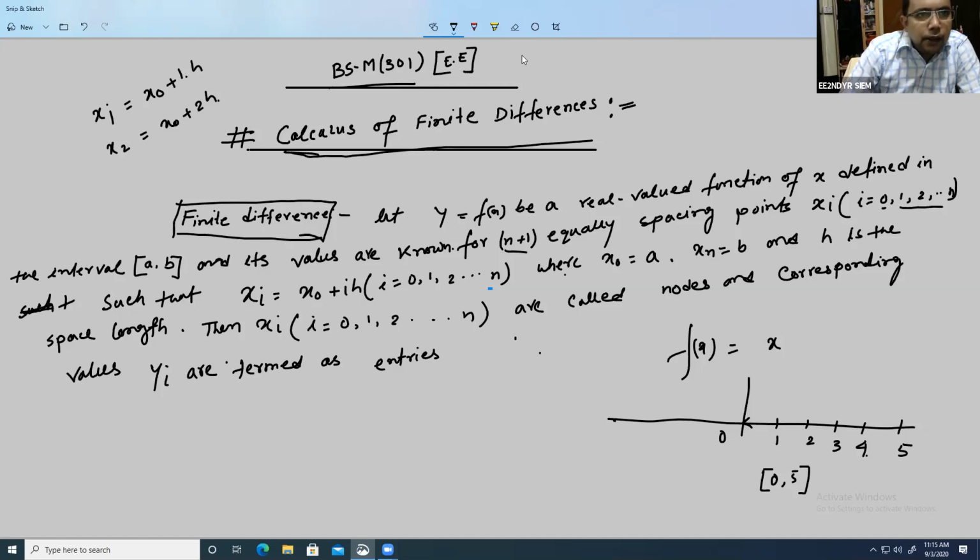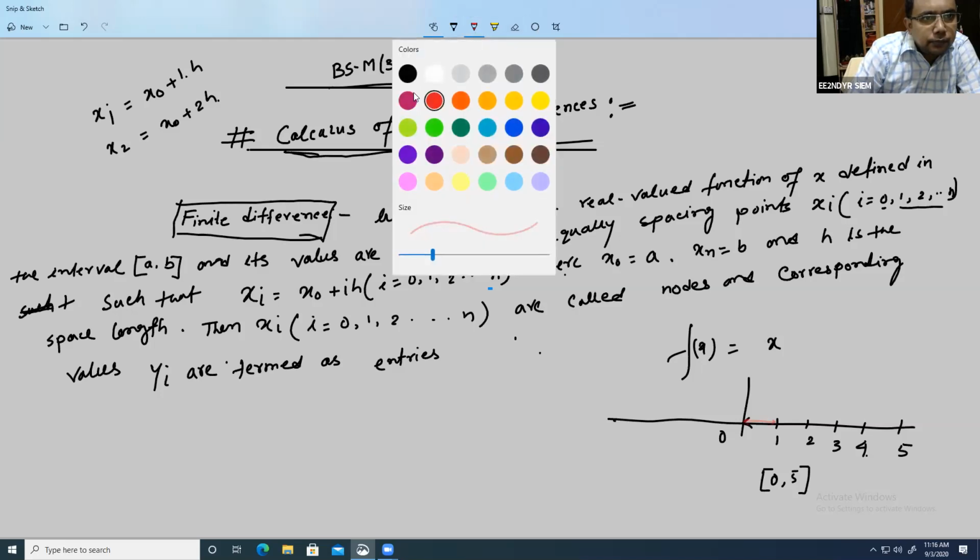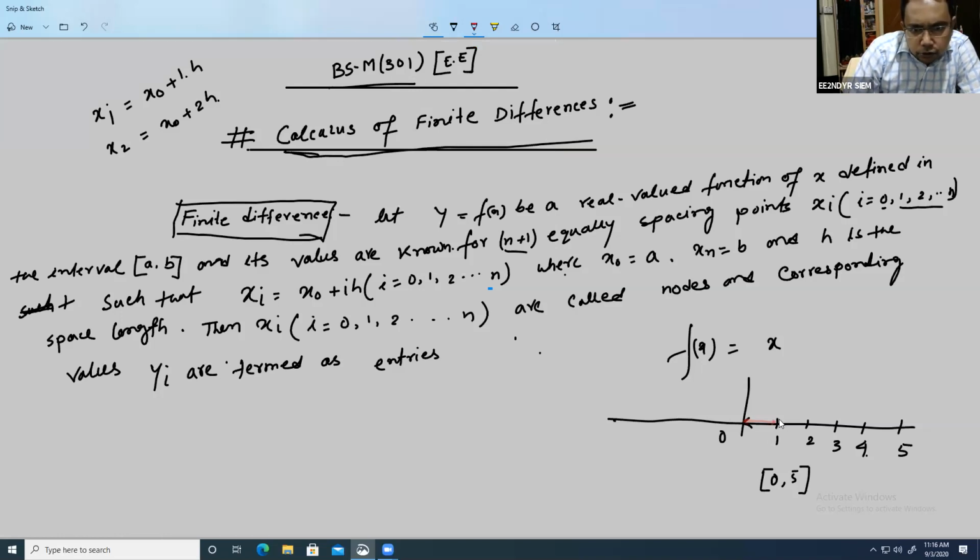Apparently if you look at 1, 2, 3, 4, 5, there are 5 coordinates, but how many intervals are in between this? How many spacings are here? This is a spacing from this to this, 1. So this is your second, 2, 3, 4, 5. If there are 5 spacings, how many ordinates are there? 1, 2, 3, 4, 5, 6.